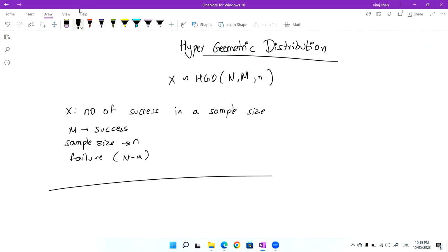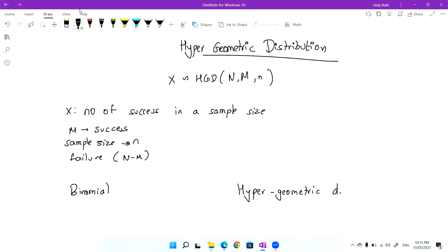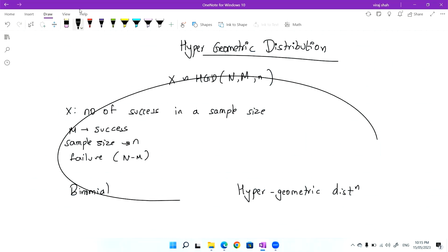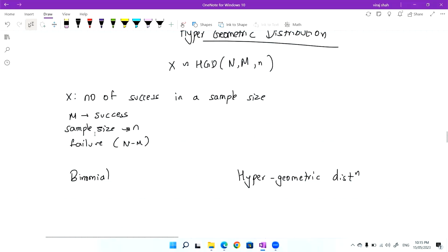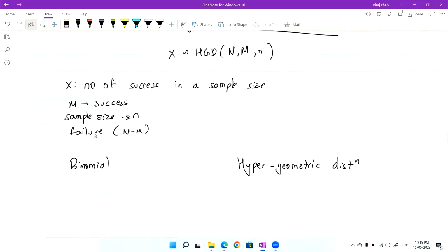So why did we do this? Why did we complicate things? Let's understand the limitation of your binomial distribution, and then we'll understand why hypergeometric distribution is getting used. In binomial distribution, what is our assumption?